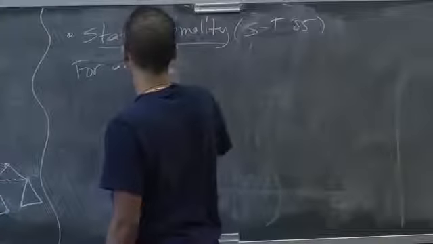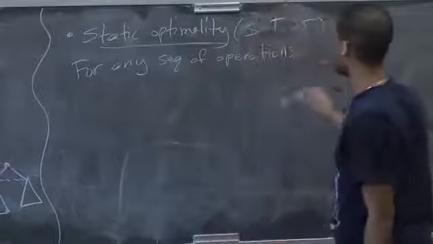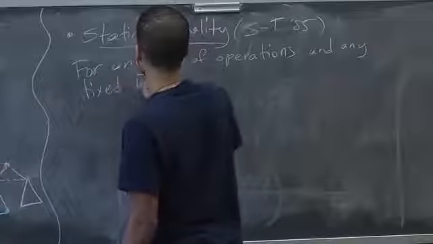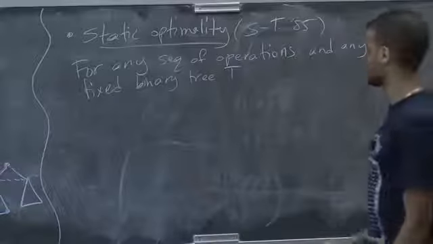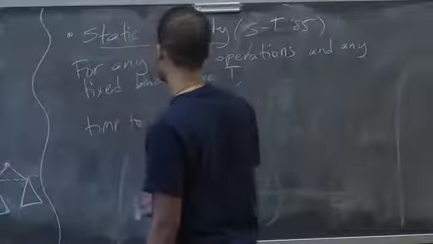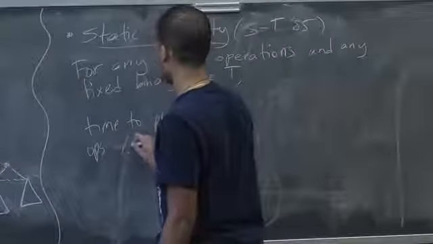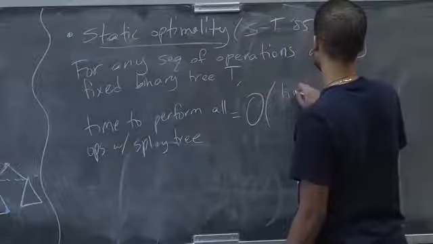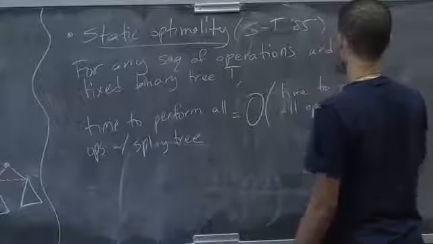For any sequence of operations and any fixed binary tree T, let's say the time to perform all operations with a splay tree is big O of the time to perform all operations with T.